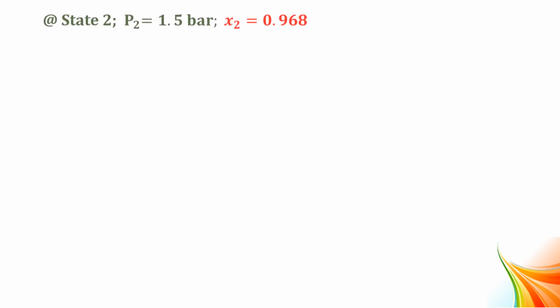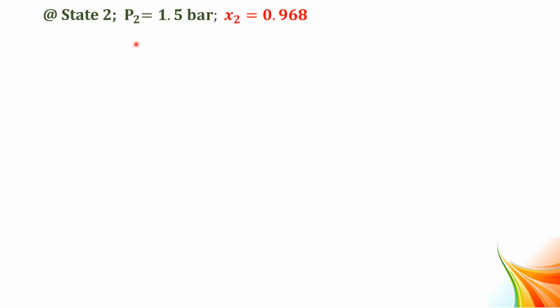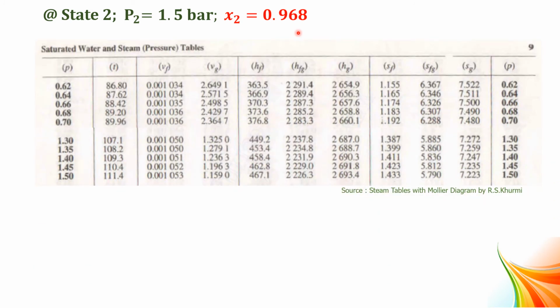Now pressure P2 equal to 1.5 bar, the dryness fraction X2 equal to 0.968. Now we have to find out the specific enthalpy. For calculating the specific enthalpy, we have to go to the steam table corresponding to a pressure of 1.5 bar. We have to find out the values of Hf2 and Hfg2.